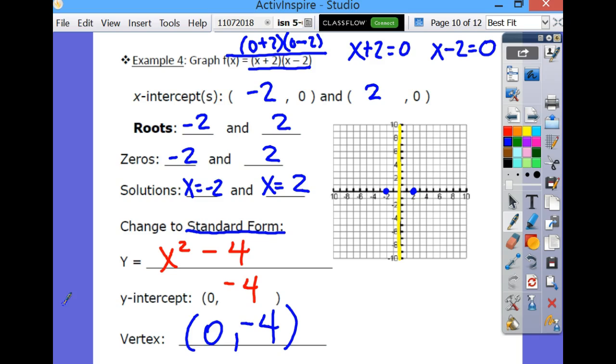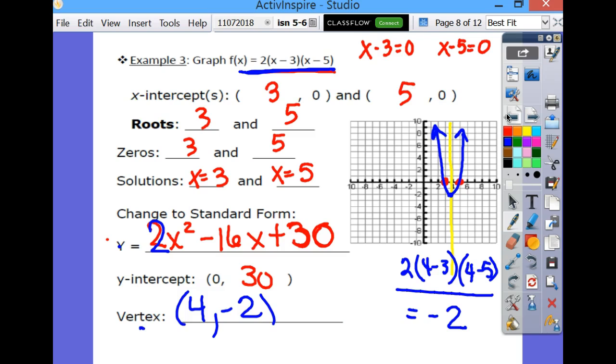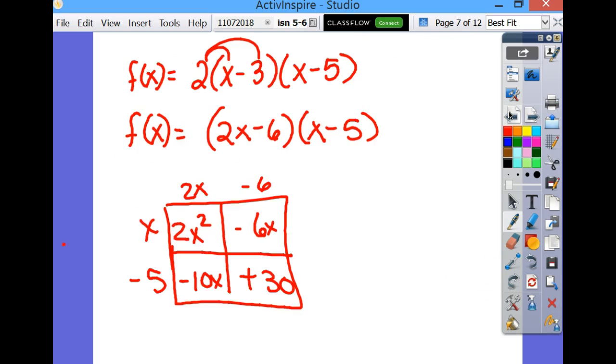Now, do you notice that the y-intercept and the vertex are the same thing? After I did this example, the students were putting the y-intercept and the vertex as the same thing on all of the problems. On this problem, are the y-intercept and the vertex the same? On any of the rest of the problems, are the y-intercept and the vertex the same?